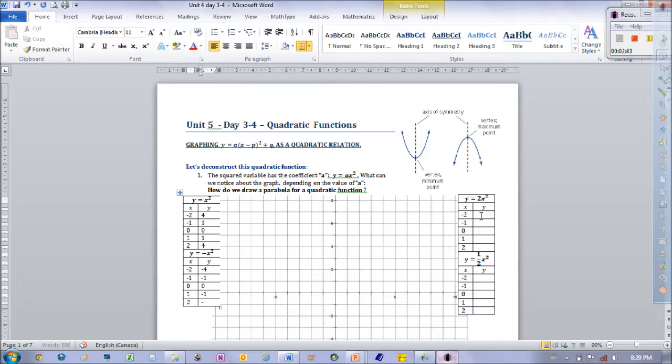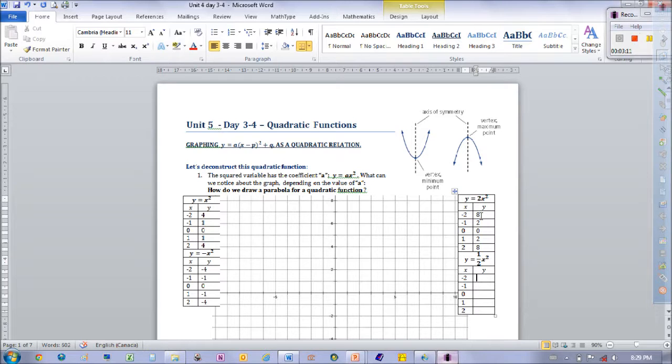For y equals 2x squared, we'll see what happens to those y values once that a value changes. So if x equals negative 2, the y is 8. For negative 1, the y is 2. For 0 is 0, then 2, and 8.